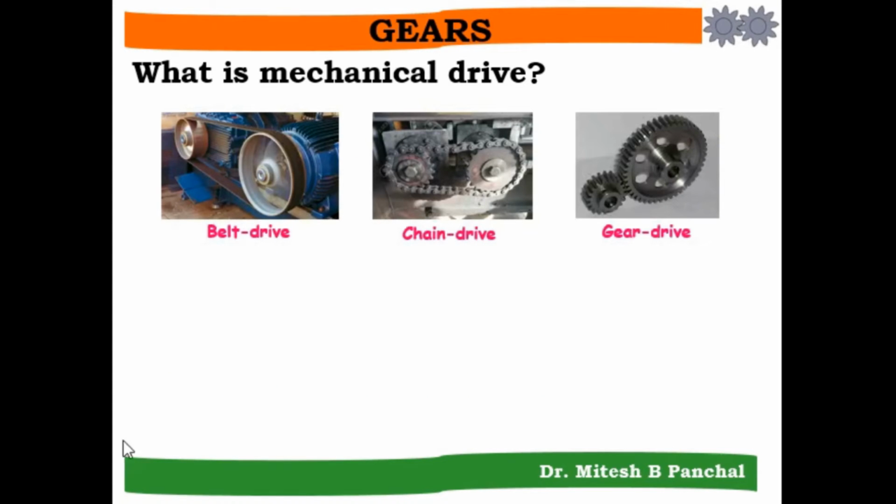You can see over here the first figure represents the belt drive, means two pulleys are connected with help of belt. So this bigger pulley is attached to the prime mover or electrical motor, which is connected to the smaller wheel, means the motion of the motor is transmitted to this driven mechanism via the belt.